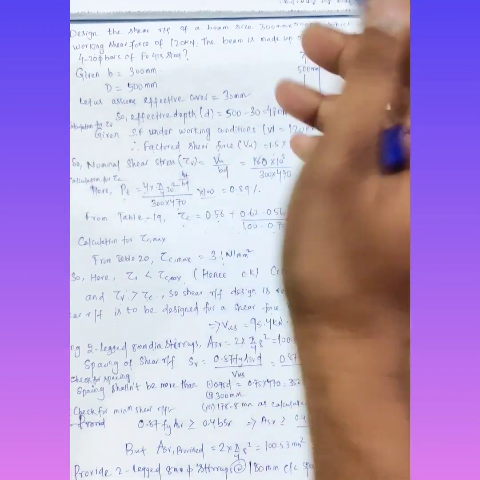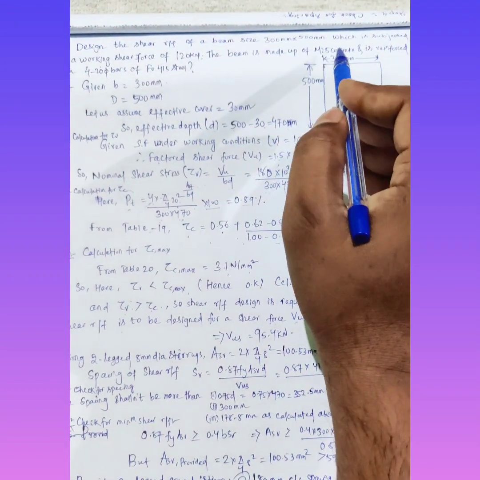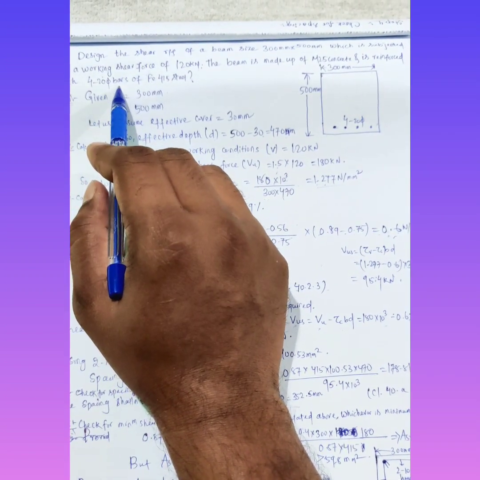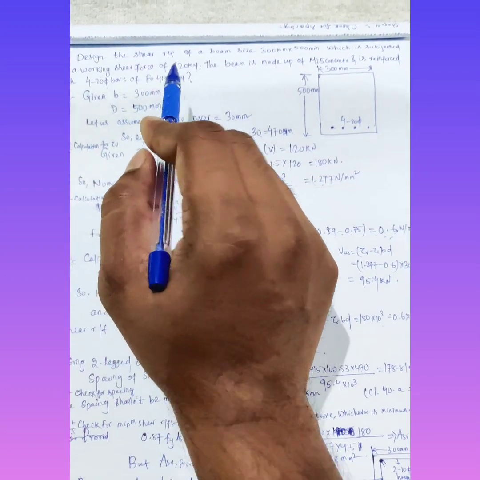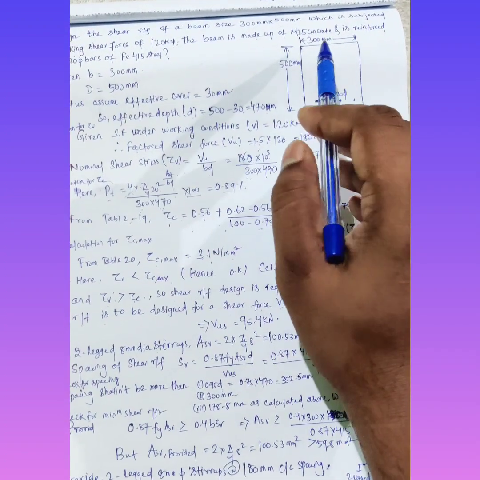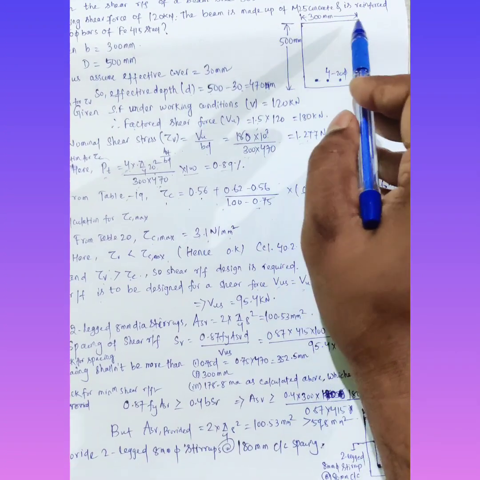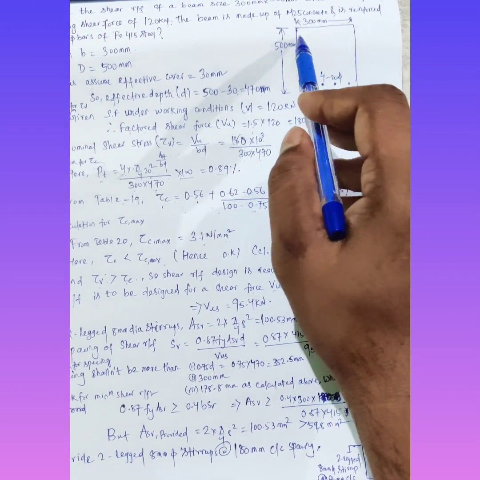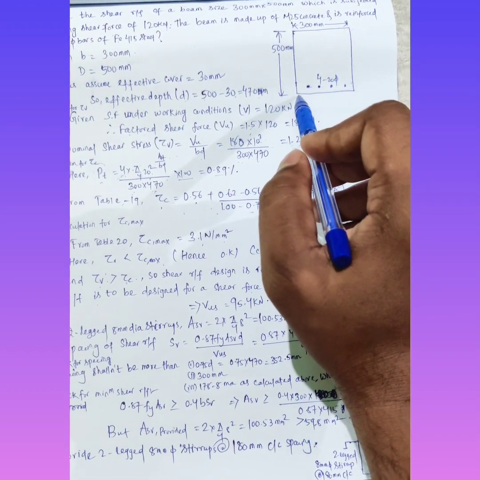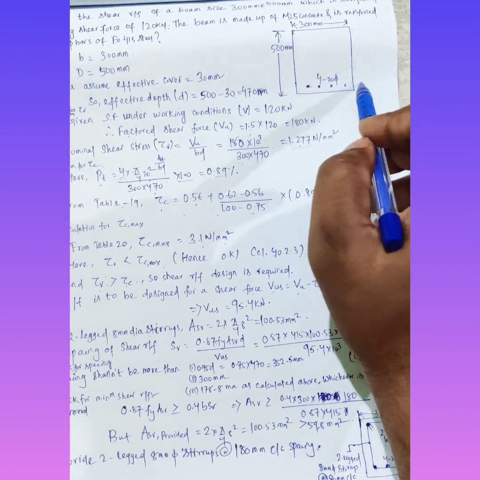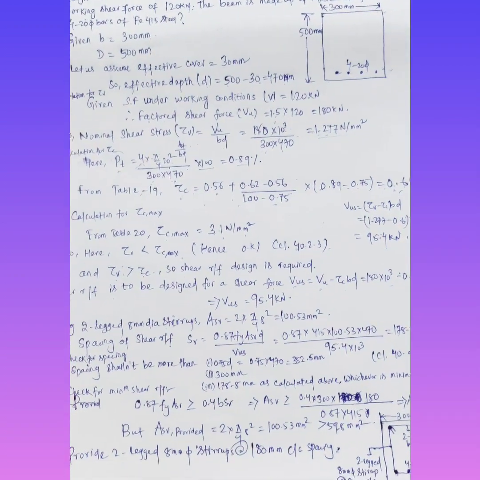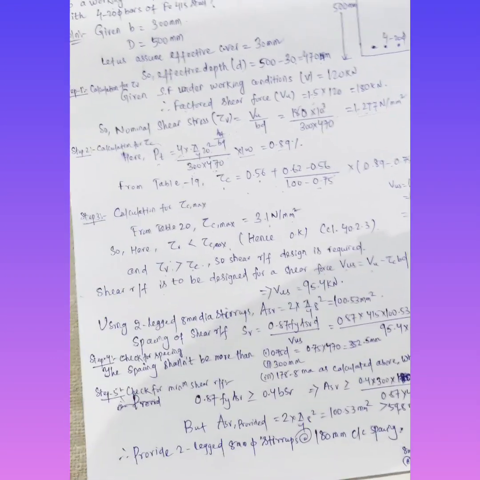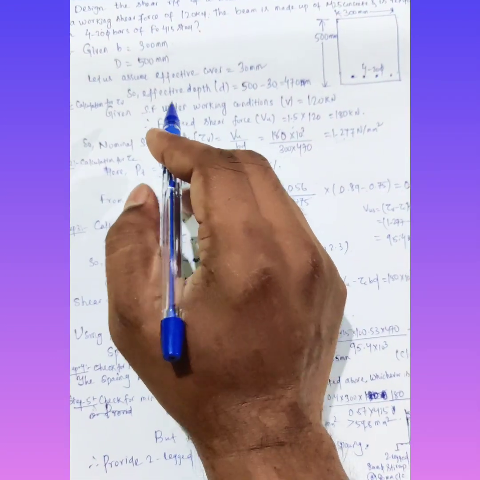The beam is made of M25 concrete and is reinforced with 4 numbers of 20 mm diameter bars of Fe 415 steel. So you have a beam section whose width is 300 mm and overall depth is 500 mm, reinforced with 4 numbers of 20 mm diameter bars. You have to design the shear reinforcement for this beam.